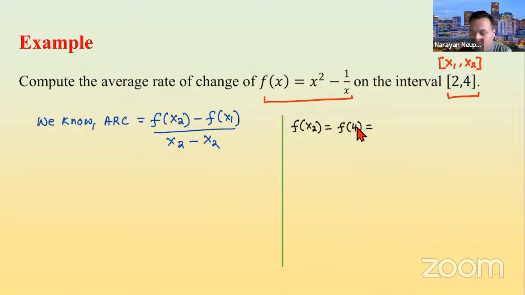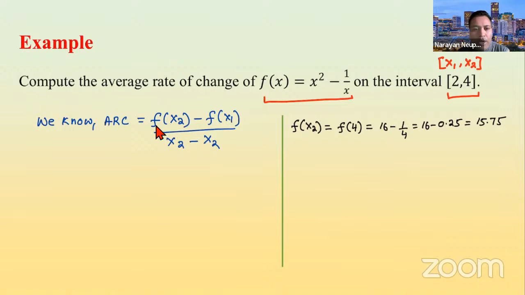X squared means 4 squared, which is 16, minus 1 over x, that is 1 over 4. So that becomes 16 minus 1/4, which is 0.25. And 16 minus 0.25 is 15.75. Okay, f of x2 is 15.75.